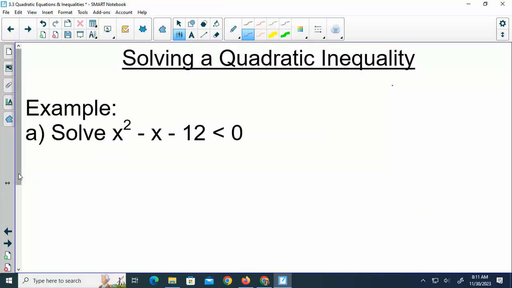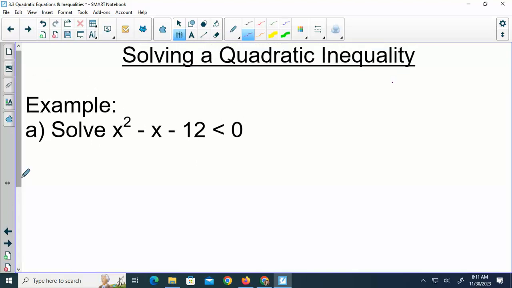So let's say I asked you to solve x squared minus x minus 12 is less than 0. We're going to start out solving it just like it were a quadratic equation. So how would you solve it if it were equal to 0?